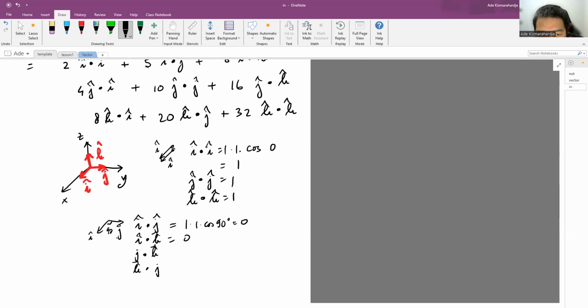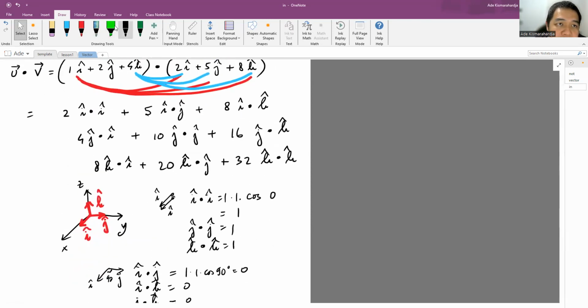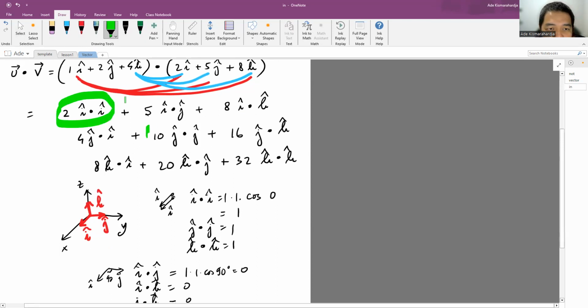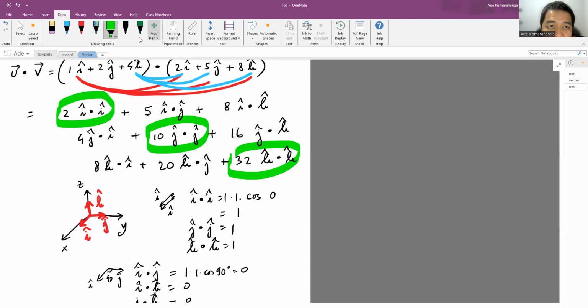Essentially, if you have two different unit vectors like ij, ik, jk, kj, the dot product between them is just 0. So if you look at these expressions, essentially what will survive is just these terms, because i·i is 1, j·j is 1, and k·k is 1. The other terms simply equal 0.